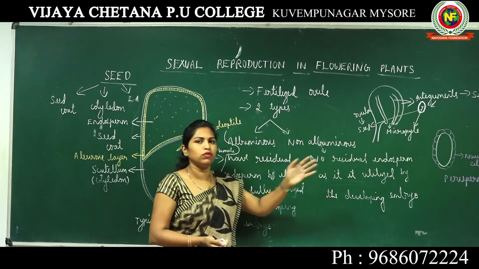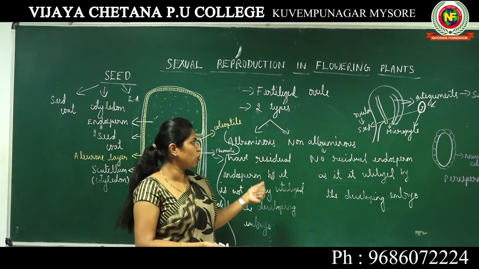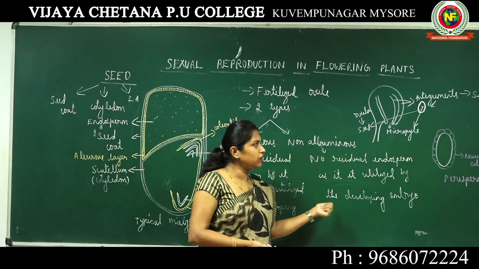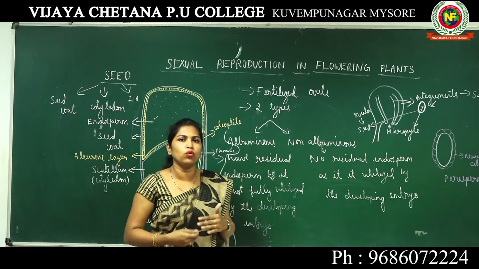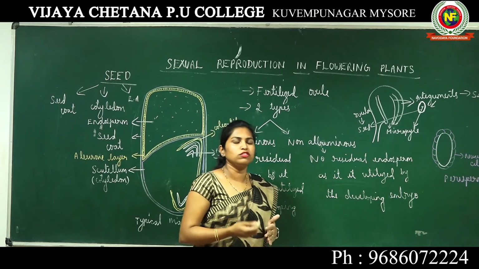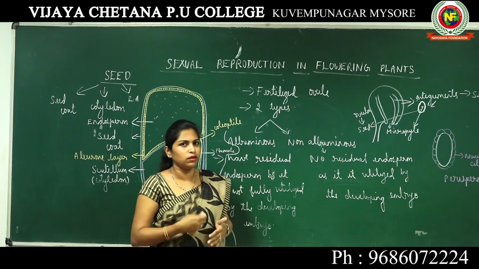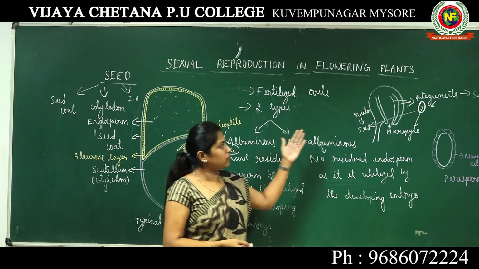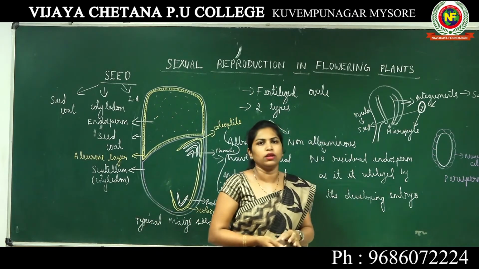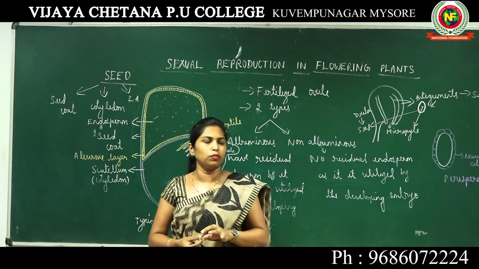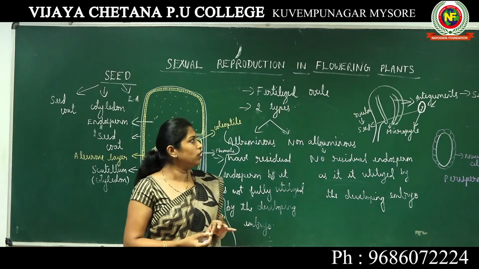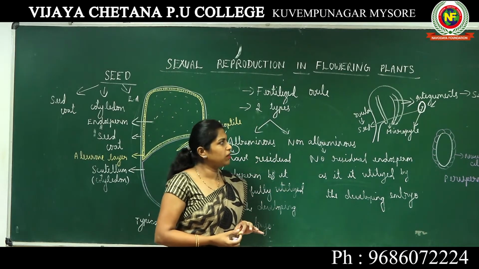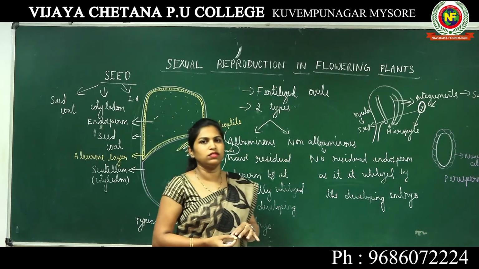If they don't have residual endosperm, we call them non-albuminous seeds. When seeds are maturing, they lose water content and are reduced in weight. The seed coat is formed from the integuments, the outermost two protective layers of an ovule, and the micropyle becomes a small pore in the seed coat.